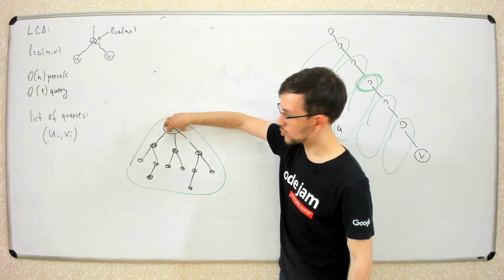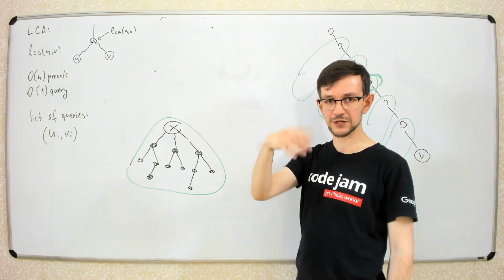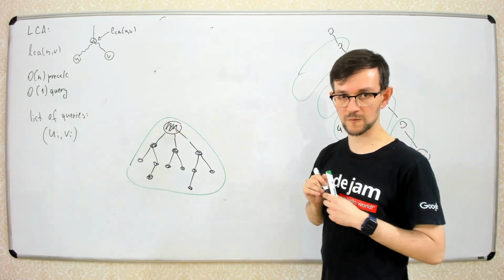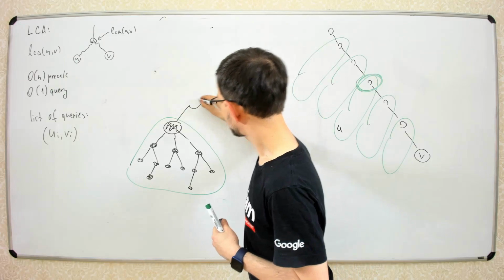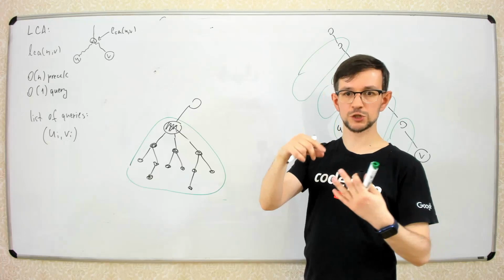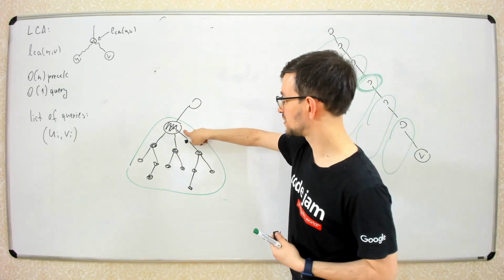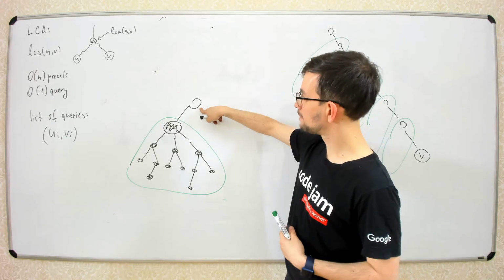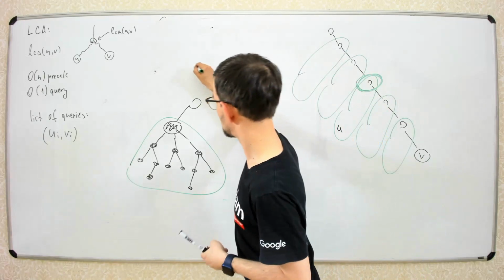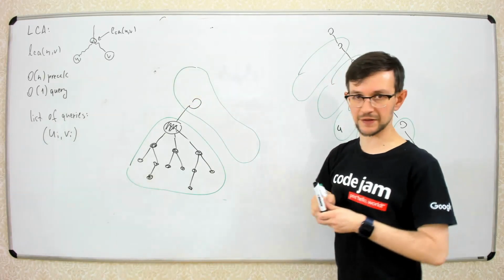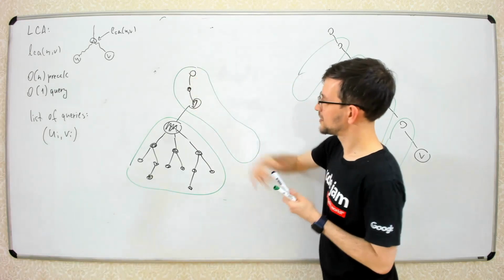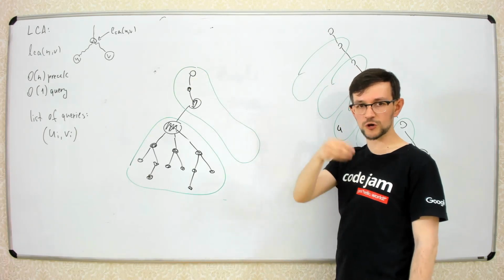Now, when you finish the traversal of X, you need to mark this X. So X is no longer one of the possible candidates. You mark this node X, and now for all nodes in this set, the result will be the closest node above X. So you take the parent of X and unite your set with the set of your parent, because this parent is inside some other set, and it holds the closest unmarked node for your parent.